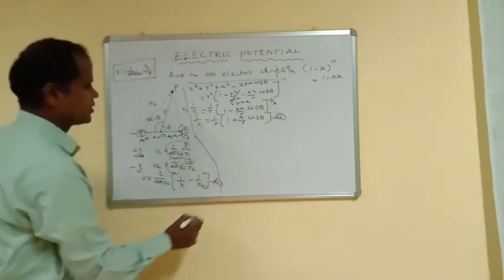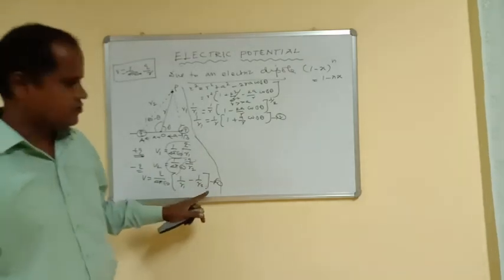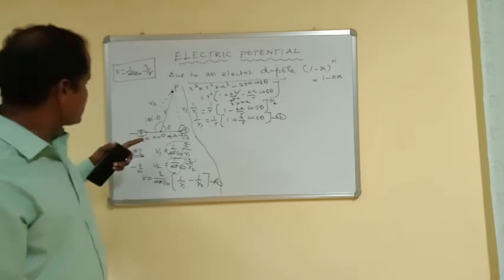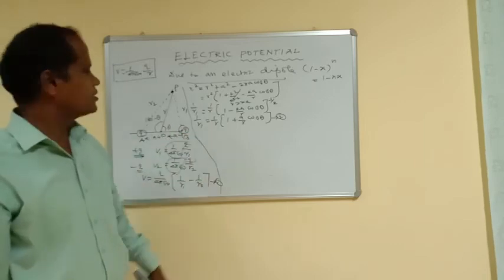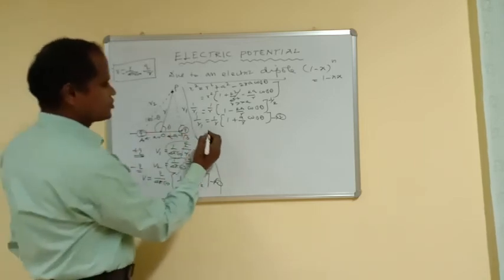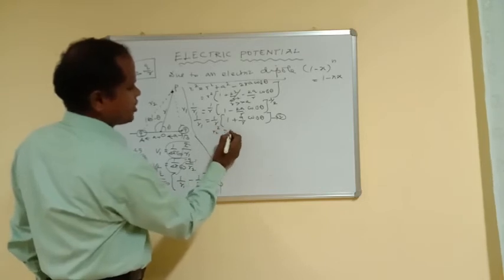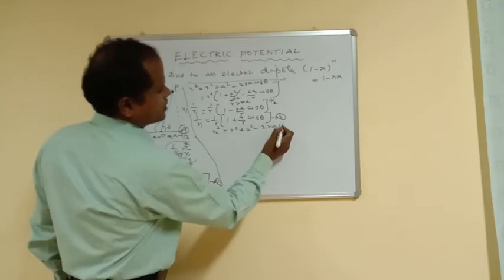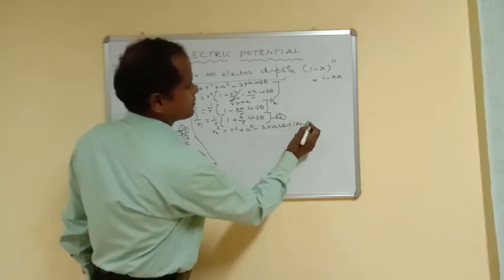Similarly, the next purpose is to find the 1 by R2 value. R2 is in the triangle AOP. In this triangle, if you apply the cosine law, R2 squared is equal to R squared plus A squared minus 2RA cos(180 minus theta).